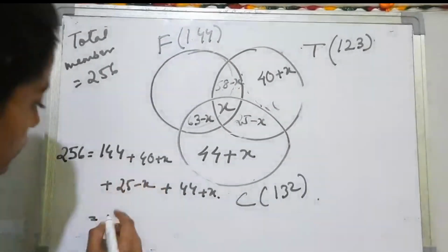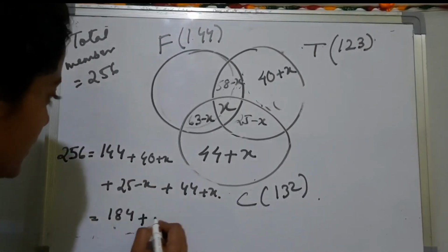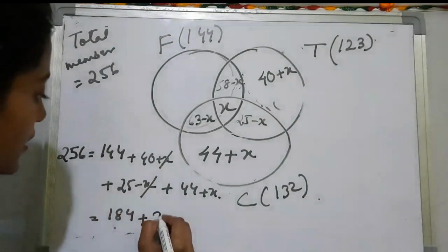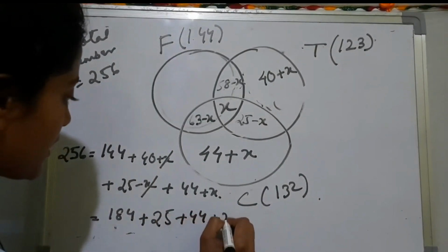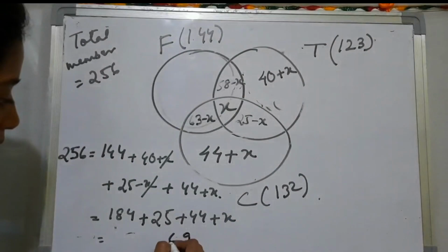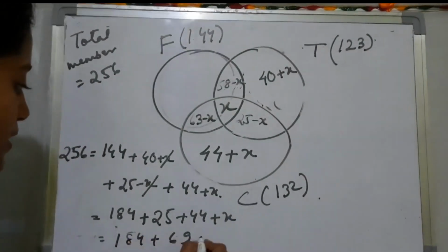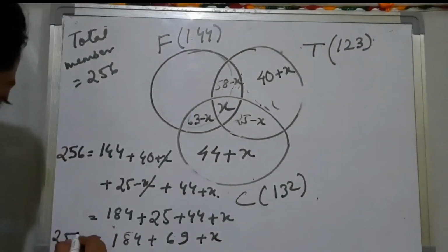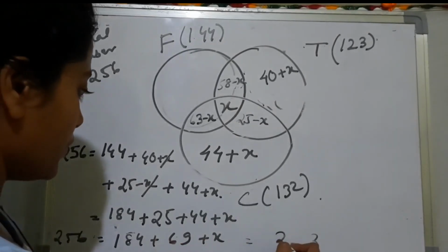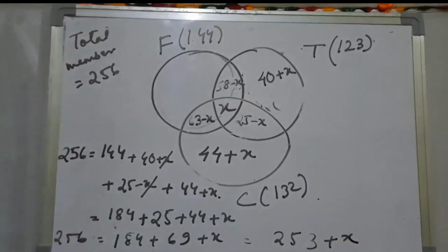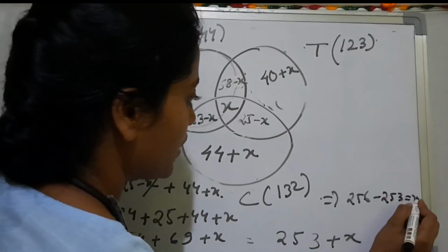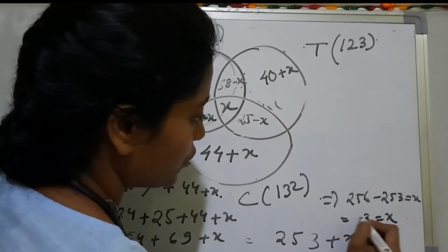So 144 plus 40 we get 184, plus x minus x is cancelled. Here it is plus 25 plus 44, which is 69, plus 184, gives 253 plus x. So 256 minus 253 equals x. So here the value of x will be 3.